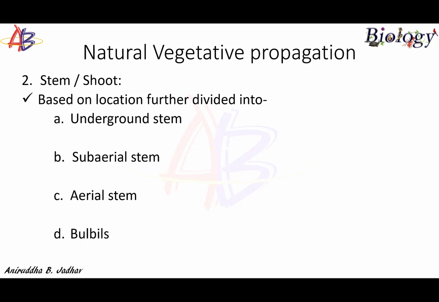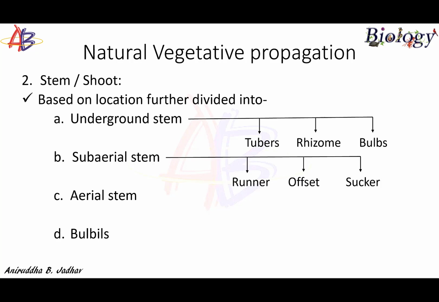The underground stem is further divided into three types: tubers, rhizome, bulbs. The subaerial stems are also of three types: runner, offset, and sucker. So let us discuss them one by one.